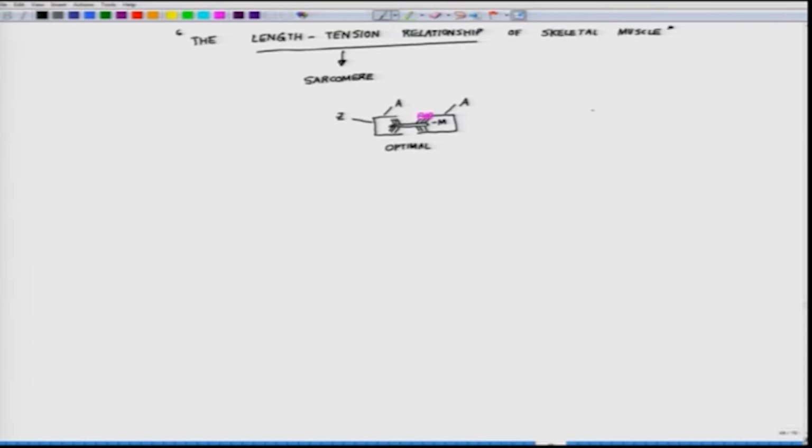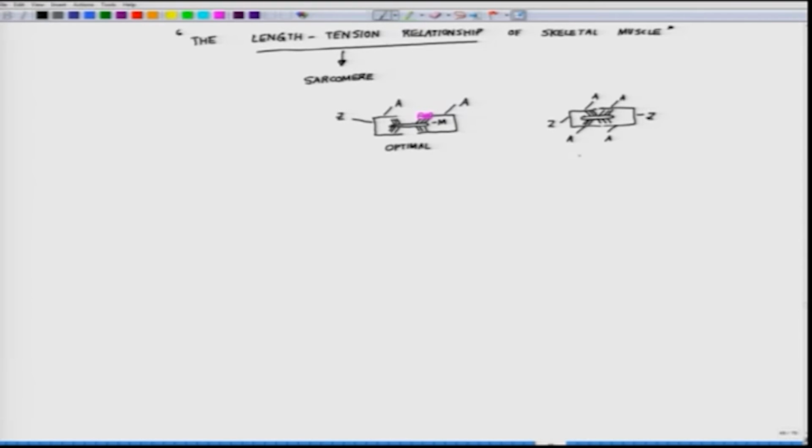Now, when it shortens, it becomes something like this. Almost the actins come so close from all sides. A stands for actin, this is the Z line, this is the Z line, and here you have the myosin present there.